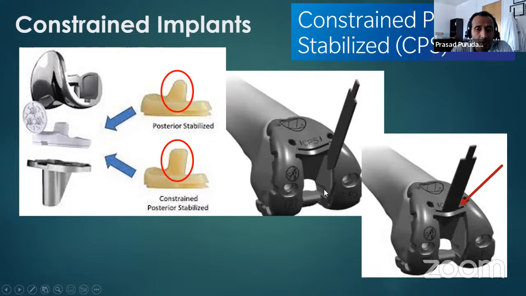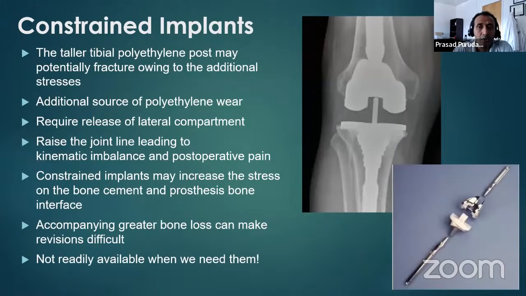Thereby, it can provide more medial-lateral stability, unlike the PS knee, which does not provide any medial-lateral stability. And of course, we have the further constrained revision type of implants, which provide much more significant medial-lateral stability.